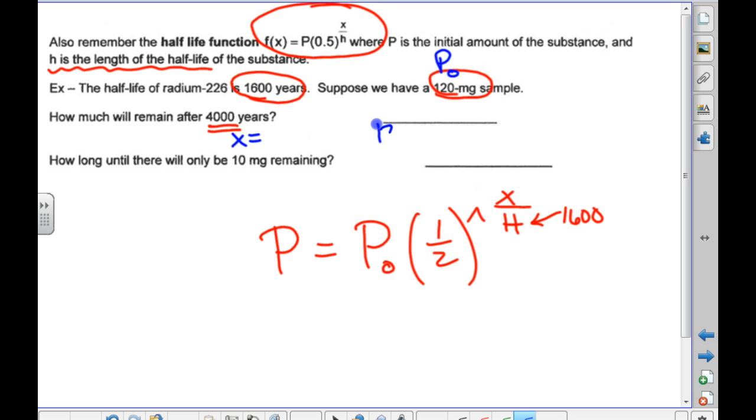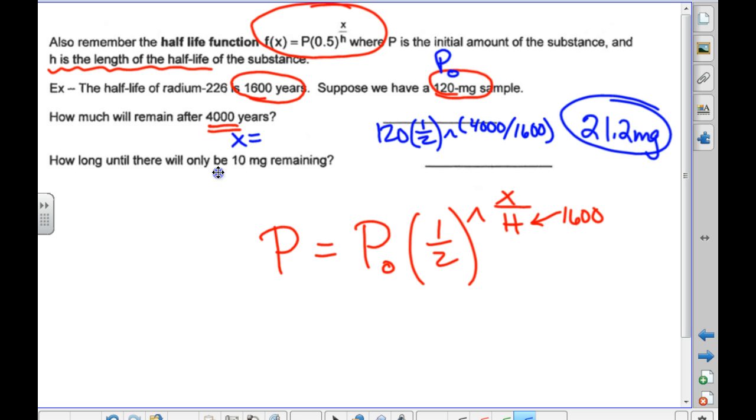So we're gonna do 120 times 1/2 to the power of 4,000 over 1,600. Anyone else getting 21 point something? 21.21.